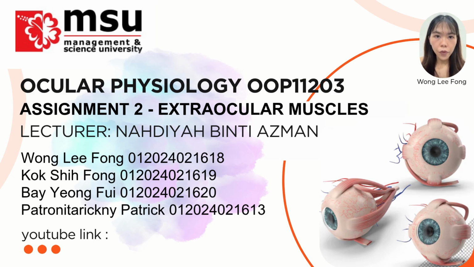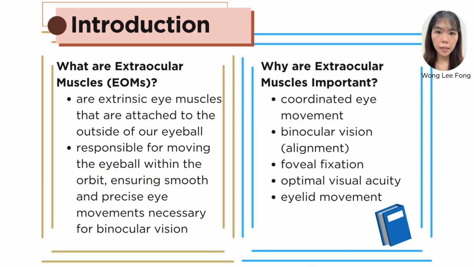First, we will explore the muscle action and the cranial nerve that innervates each muscle. Second, we will reflect on how imbalances in these muscles can affect binocular vision, leading to conditions such as double vision or strabismus. Let us start by introducing what the extraocular muscles are.